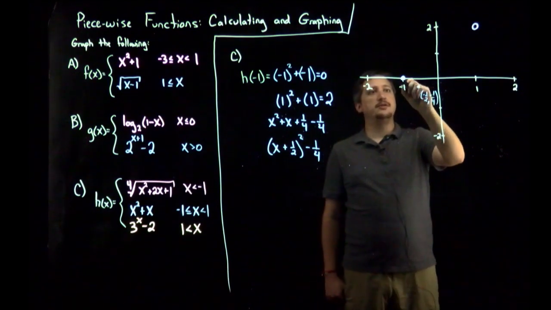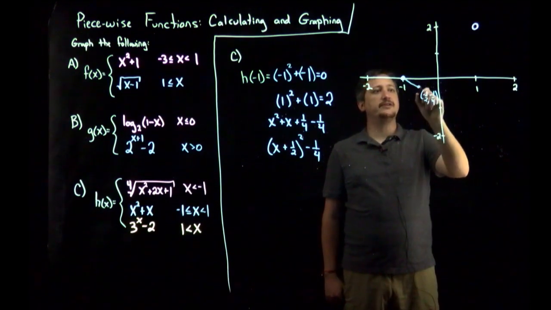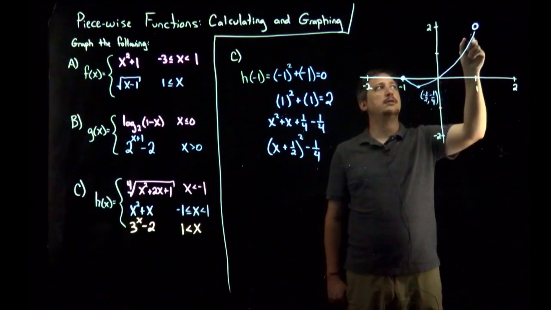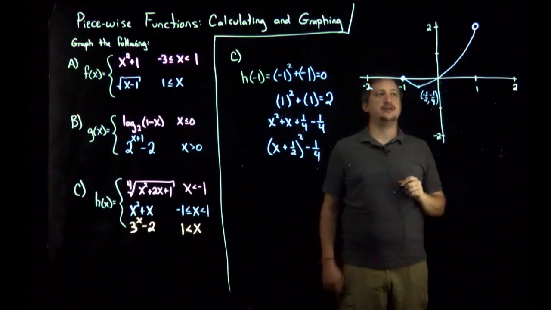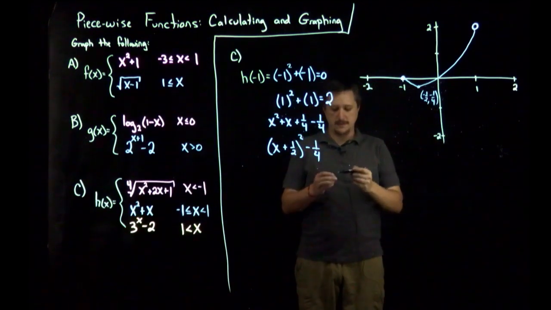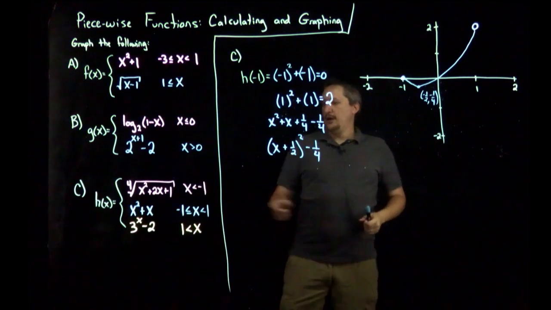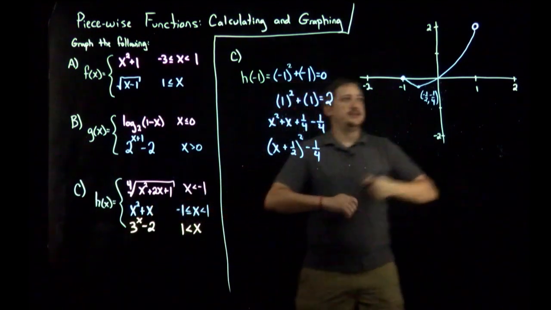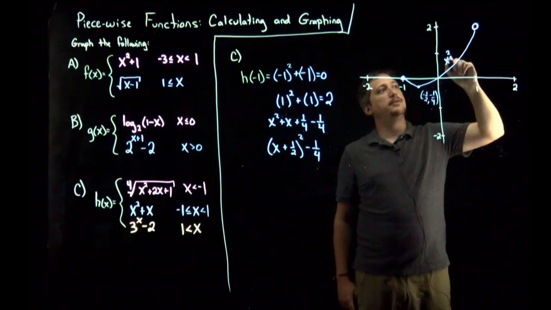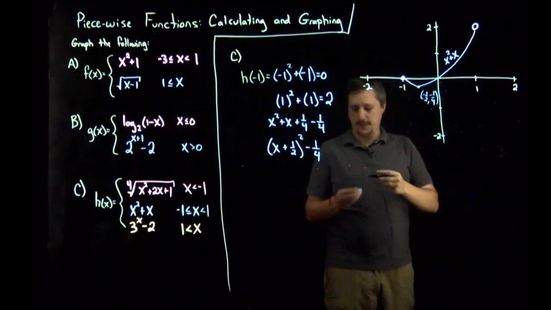And so my parabola is going to dip down to its vertex, the lowest piece, and then come up. So it's going to go up like this, which, again, is not a fantastic drawing, but this is not an art class. Okay? So that was this piece, the x squared plus x segment.